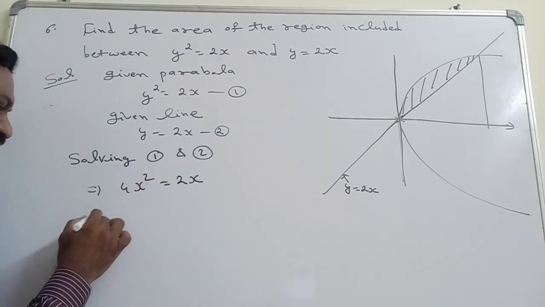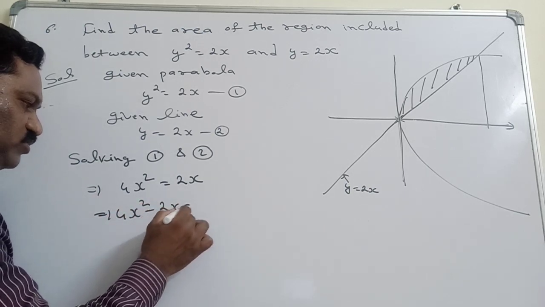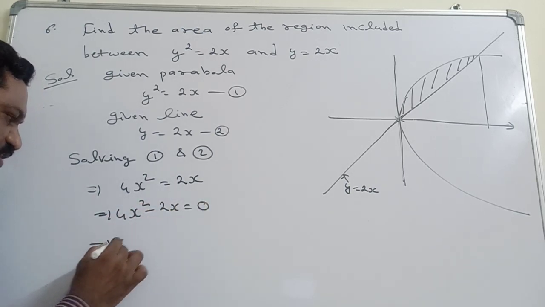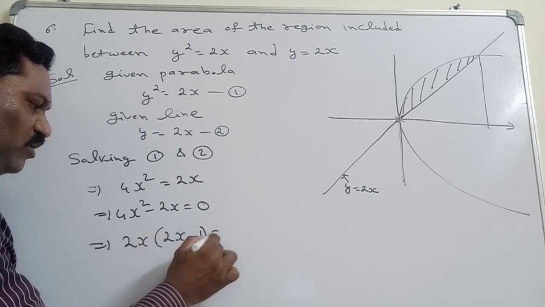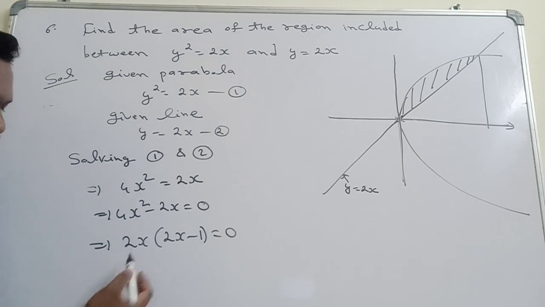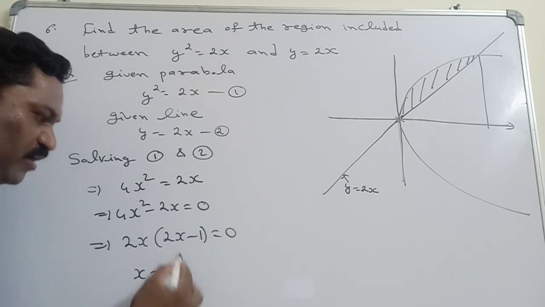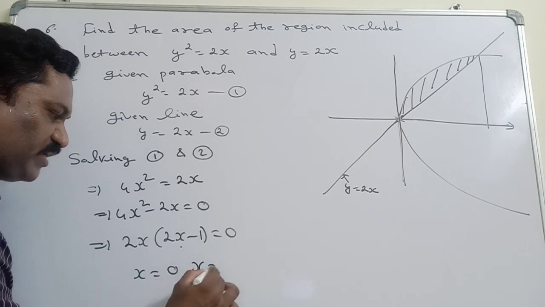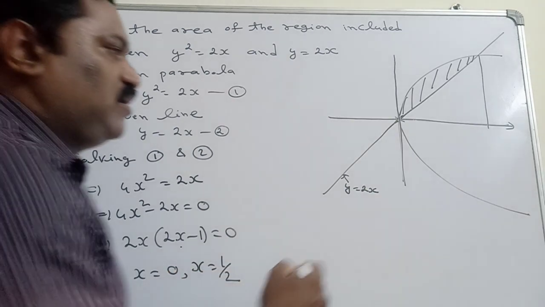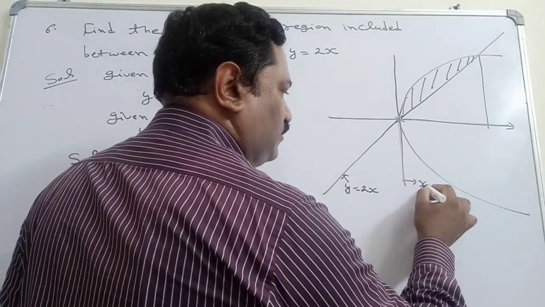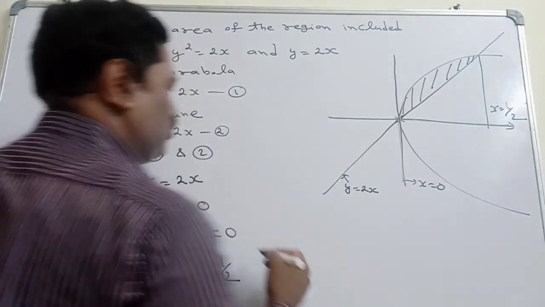Bring this 2x to this side. Then 4x square minus 2x is equal to 0. From these two, we take 2x common. The remaining is 2x minus 1 is equal to 0. If this product is 0, then 2x is 0, which means x is equal to 0, and 2x minus 1 equal to 0 means x is equal to 1 by 2. Therefore, their points of intersection are at x is equal to 0 and x is equal to 1 by 2.